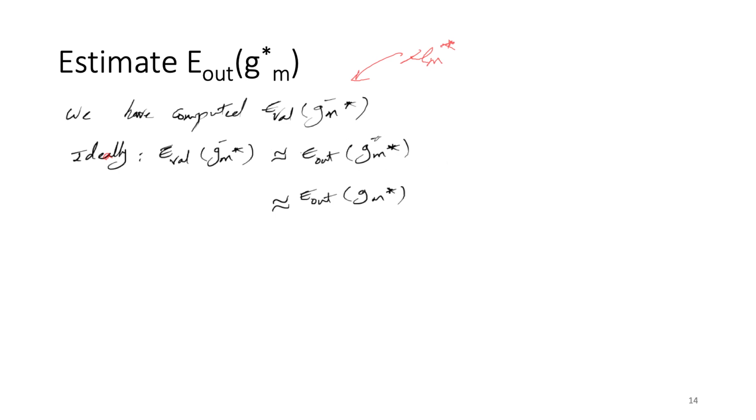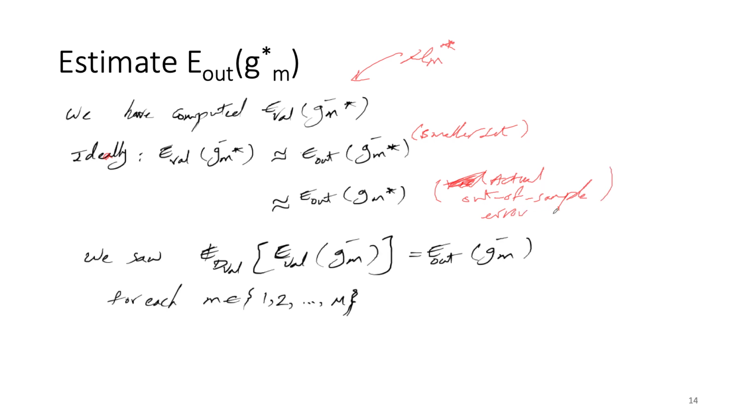The real out of sample error of the smaller set. And also ideally it would be almost equal to the actual out of sample error.